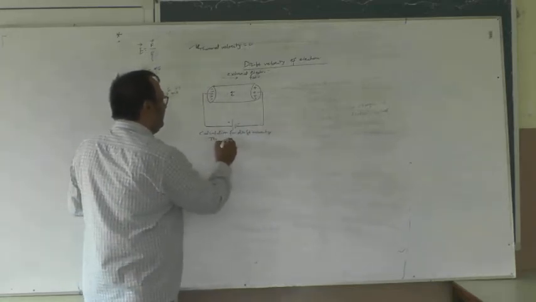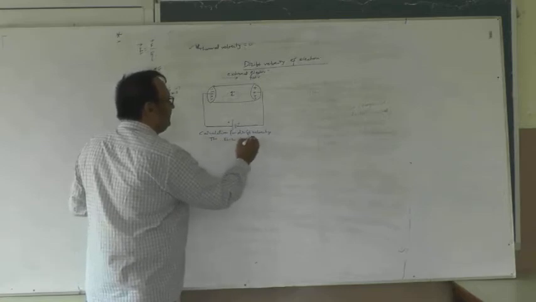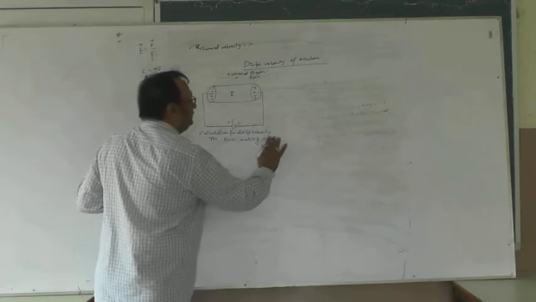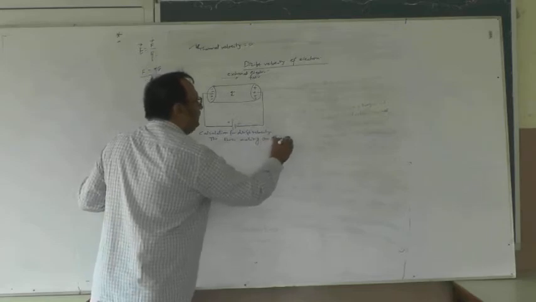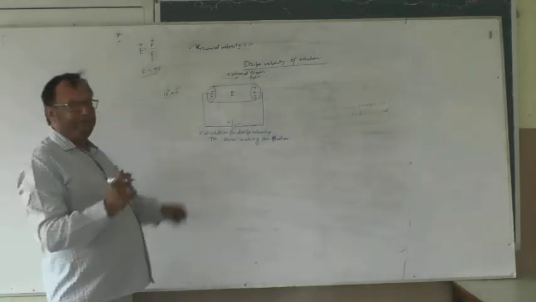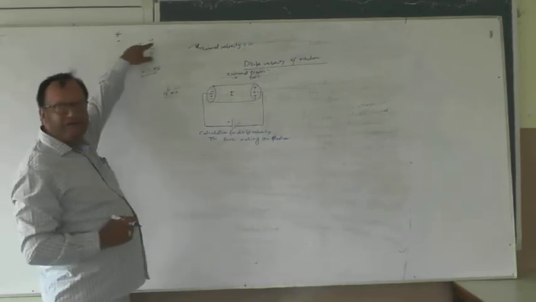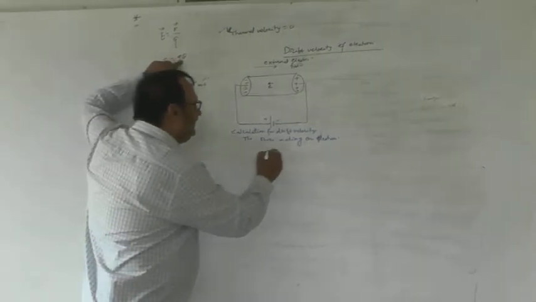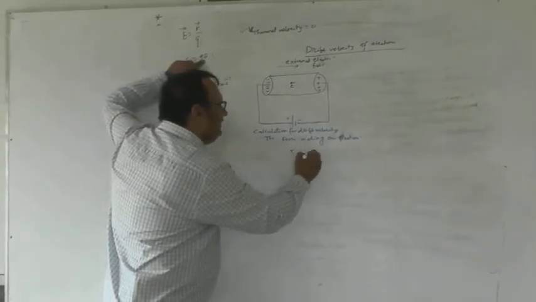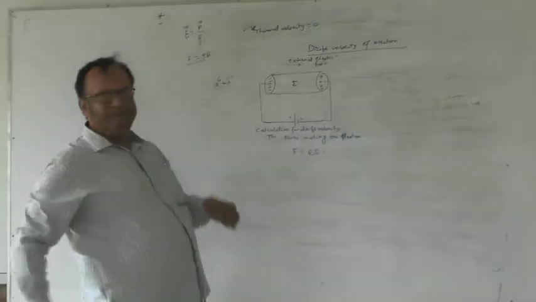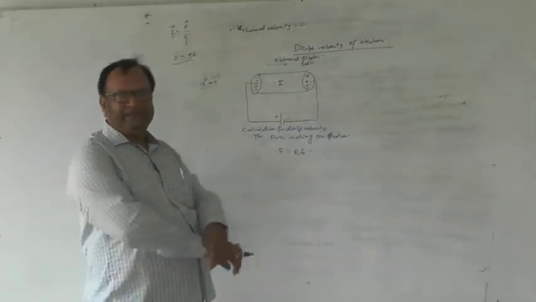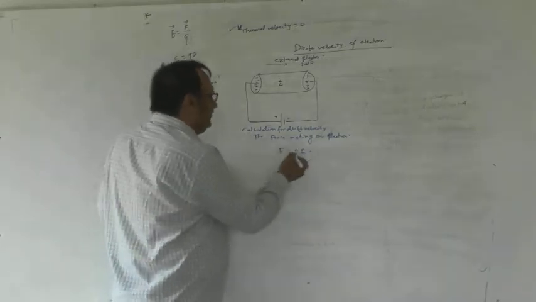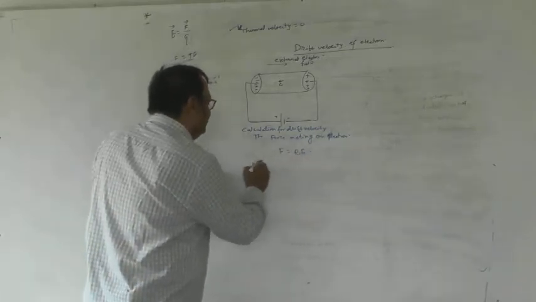The force acting on the electron. I have given you that E is equal to F by q, so F is equal to qE. So we can write here F is equal to eE. The charge e is taken negative, so you can take it negative here.